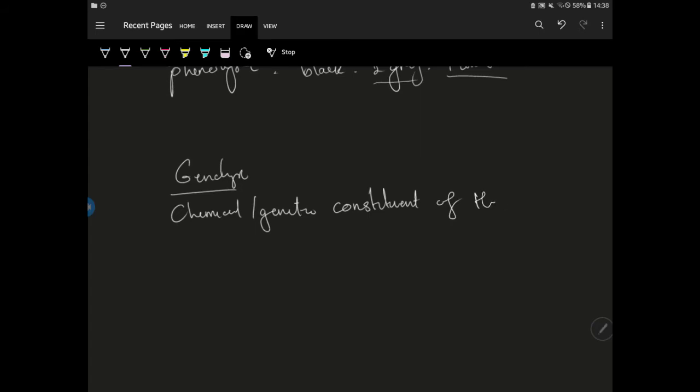Whereas phenotype comes from the word phainein, which means to appear or show. So not outward appearance, no. You will say observable physical characteristic.